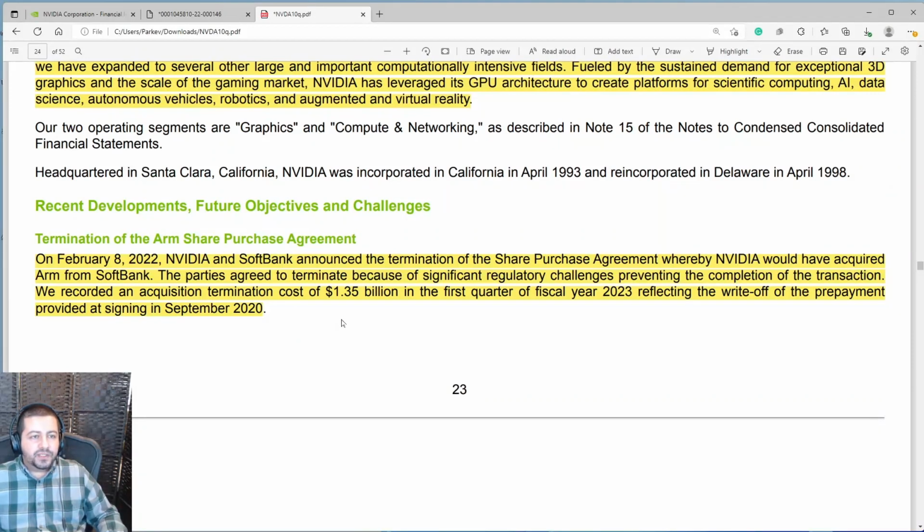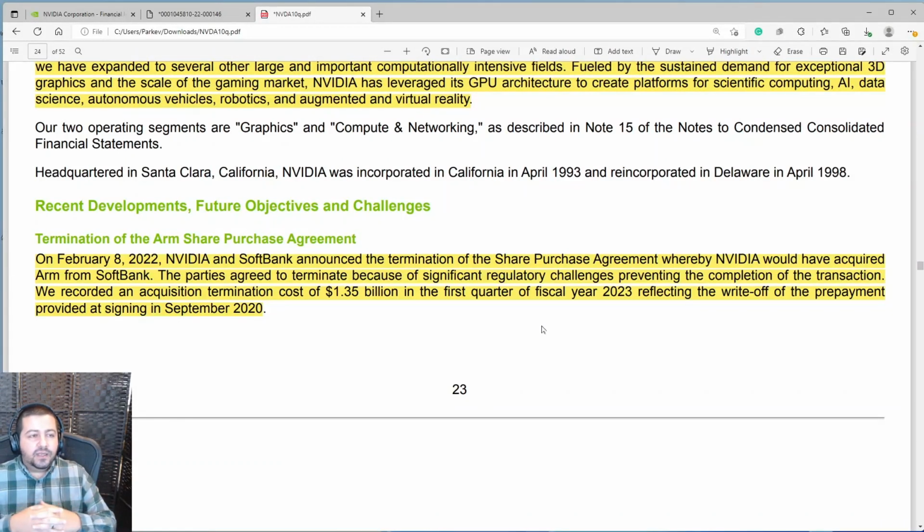The parties agreed to terminate because of significant regulatory challenges preventing the completion of the transaction. So regulators were making it difficult for this transaction to go through and reducing the probability that they would approve it. So SoftBank and Nvidia agreed to terminate the deal.